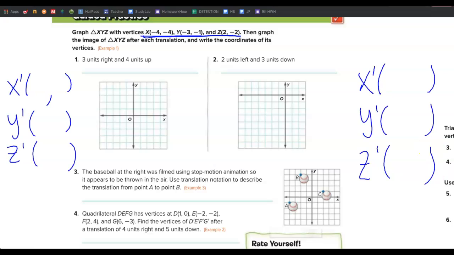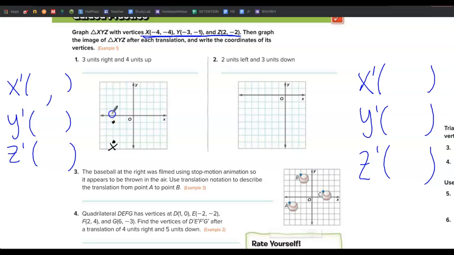All right, here you go. All right, so she's going to graph the first image, which was -4, -4. Okay. Oops. That's fine. And she labeled that X. Then she graphed -3, -1.